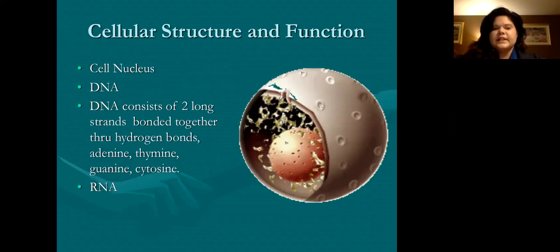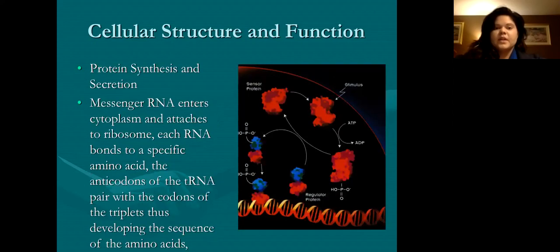Your cell nucleus, inside there you have your DNA. DNA consists of two long strands bonded together through hydrogen bonds. If you remember those from any microbiology or biology class that you took: adenine, thymine, guanine, and cytosine, and your RNA.